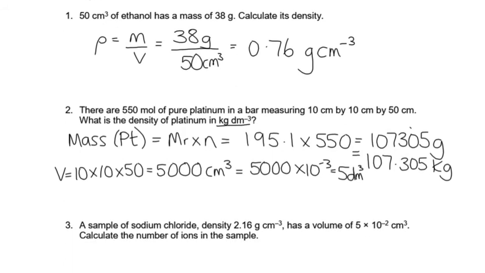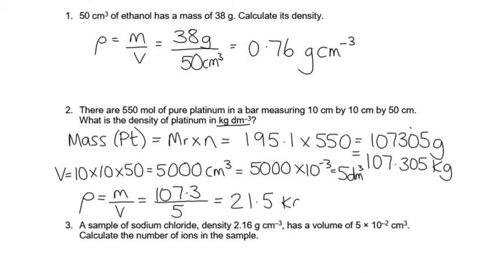And now we're ready to calculate a density in kilograms per decimetre cubed. So 107.3 divided by 5, our density is 21.5 kilograms per decimetre cubed.